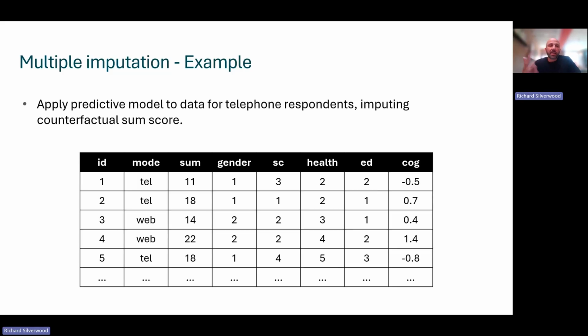And then we apply our predictive model, our imputation model, using the data on gender, social class, health, education, cognitive ability that we've observed for our telephone respondents to impute the counterfactual sum score value. So this then represents our best guess, let's say, of what we would have observed for those individuals had they instead been observed via web.